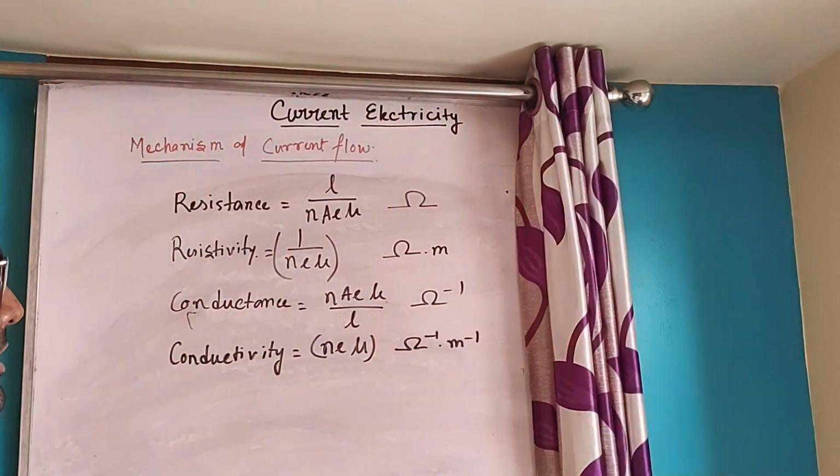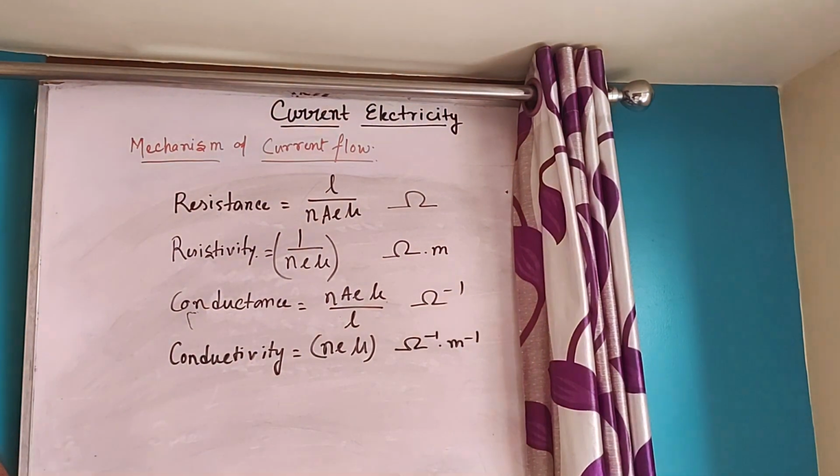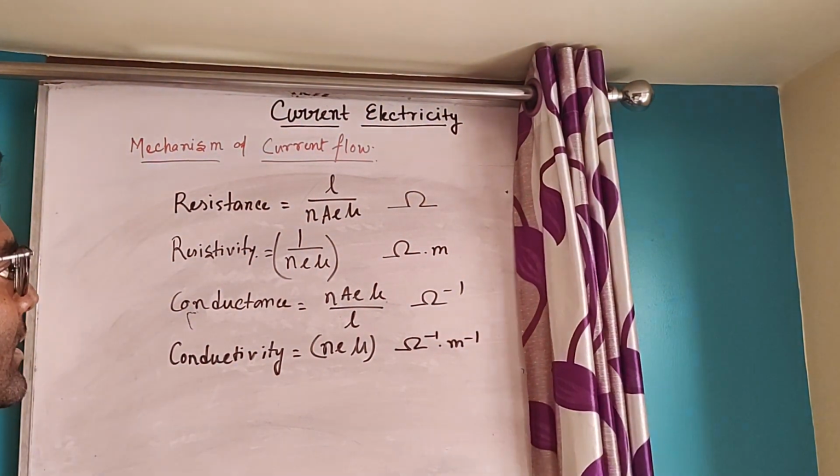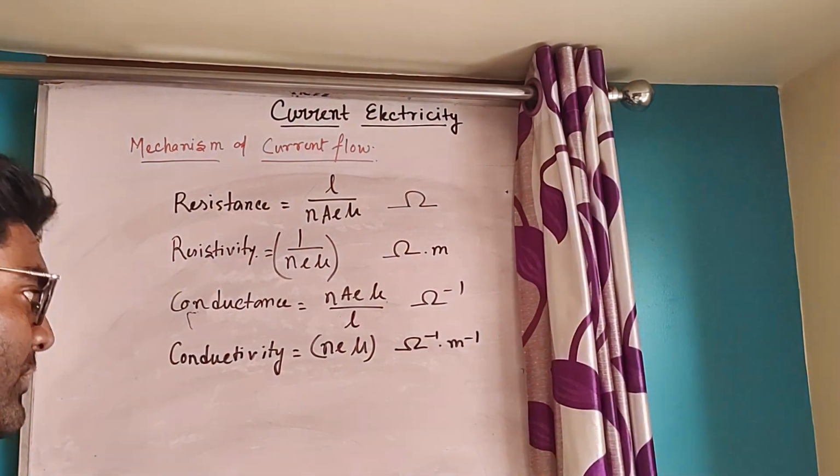So these are the units of resistance, conductance, resistivity, and conductivity.